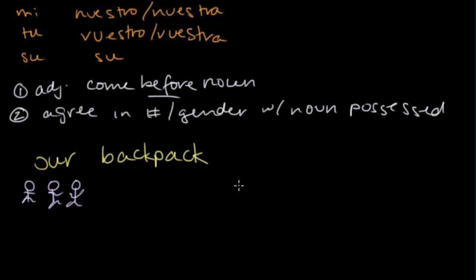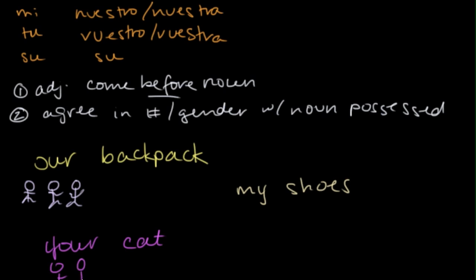Then we'll have my shoes and your cat. And your is a married couple, two people in love. Alright, so try to figure these out and then resume the video when you want to see the answers.